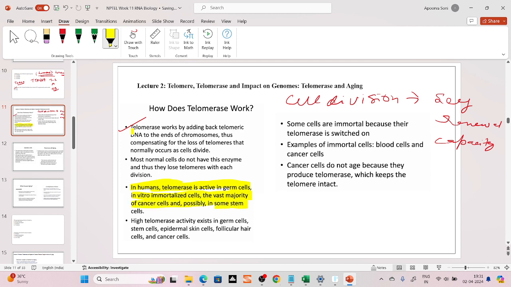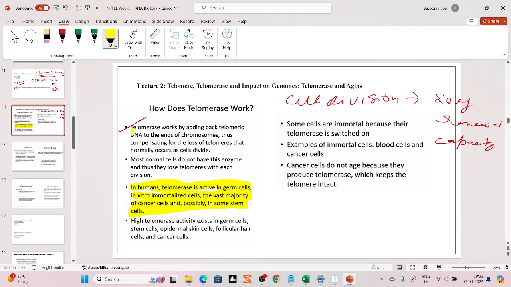You can see here that this telomerase enzyme is active in germ cells, in vitro immortalized cells, which means in vitro cultured tumor cells, the vast majority of cancer cells, and in some cancer stem cells also. And high telomerase activity exists in germ cells, stem cells, epidermal skin cells.